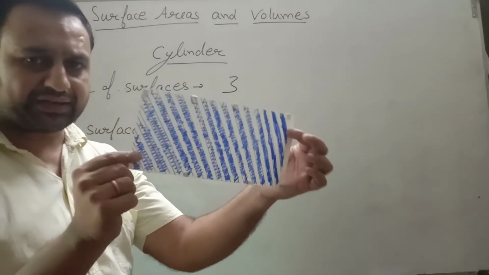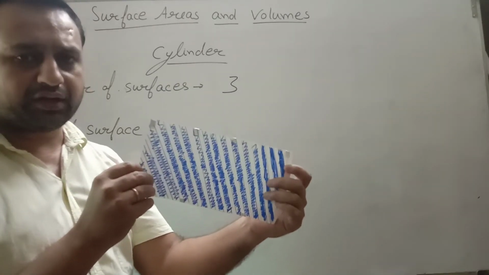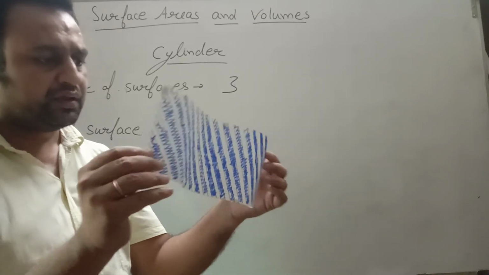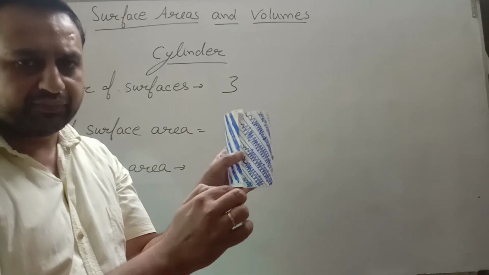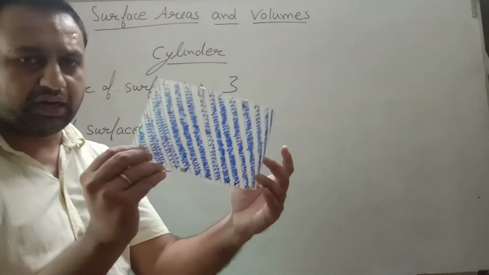Its shape is rectangular and the area of a rectangle is length into breadth. We can say that the breadth is the height of the cylinder.